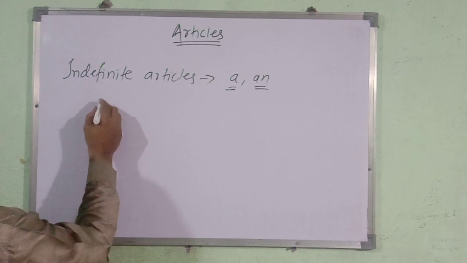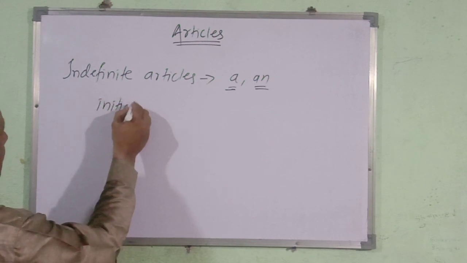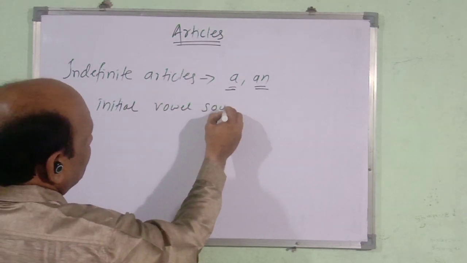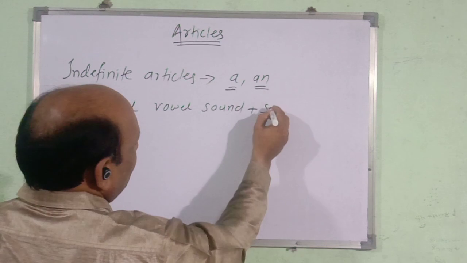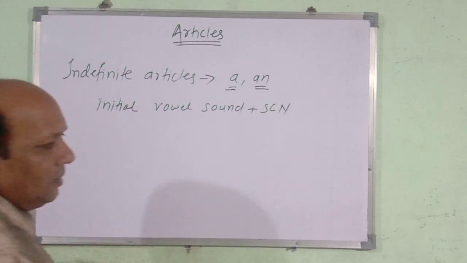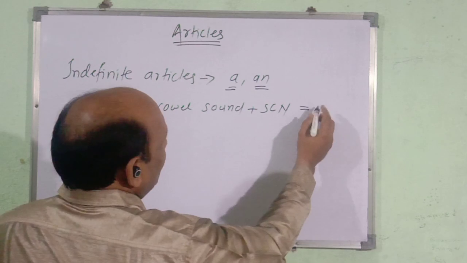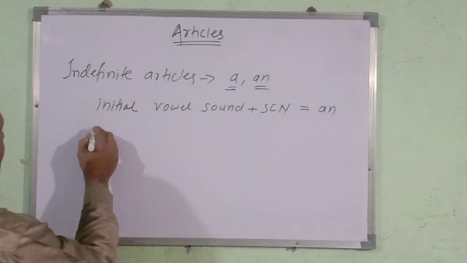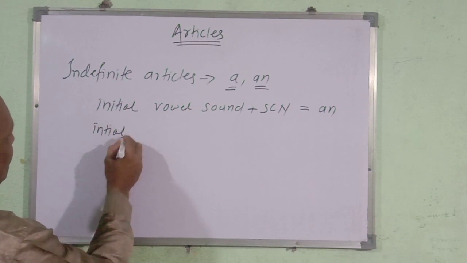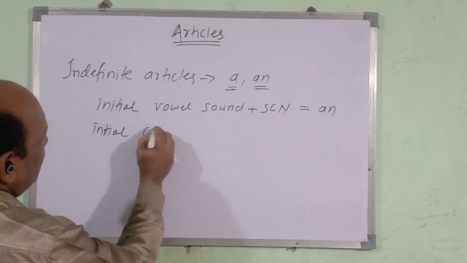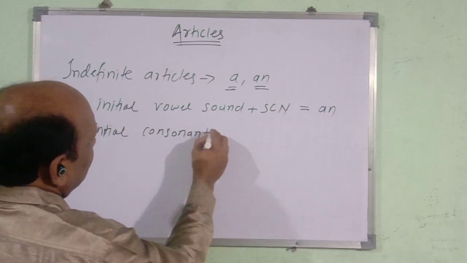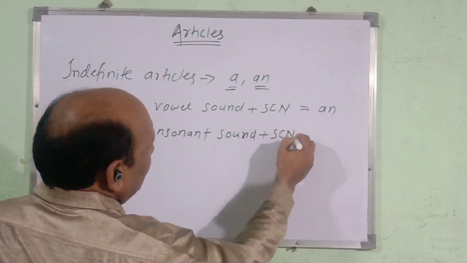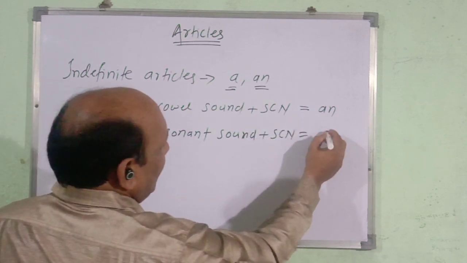If initial vowel sound plus singular countable noun, at that time you have to use an article. Get it or not? And when initial consonant sound plus singular countable noun, we have to use a article.